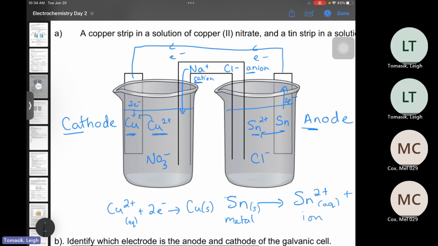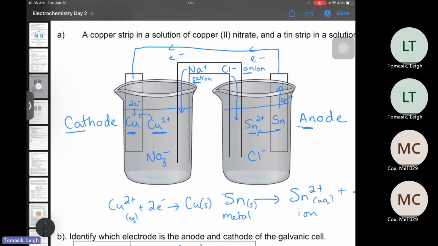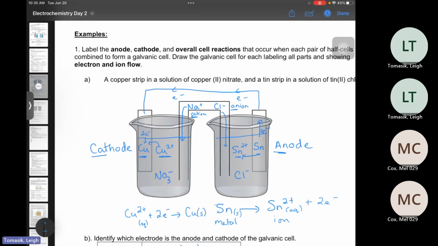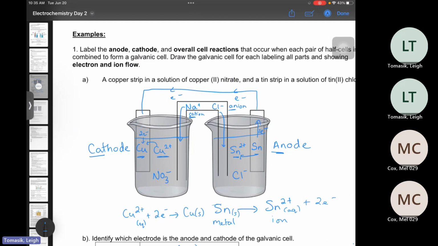For a reason, okay? So remember that at the anode, we're making positive ions. So we need negative ions to balance them. And at the cathode, we're removing positive ions from the solution, so we have to add positive ions to make everything balance out.